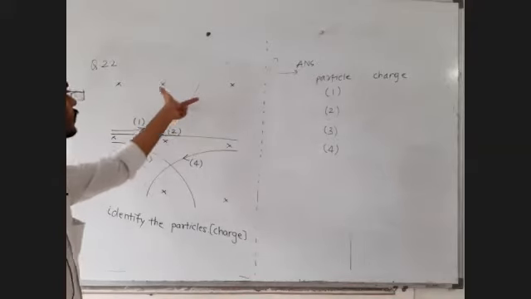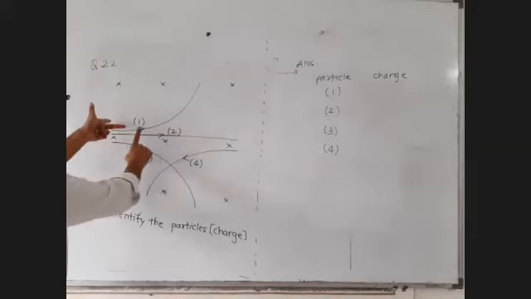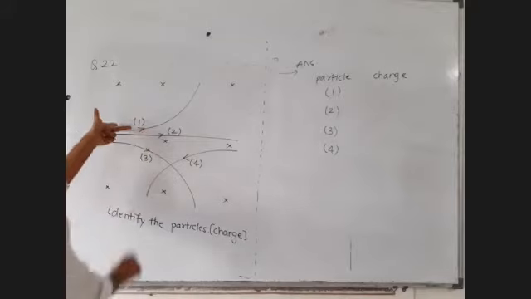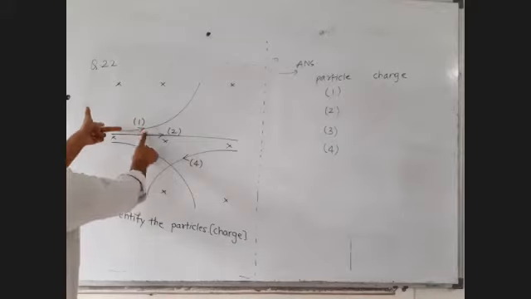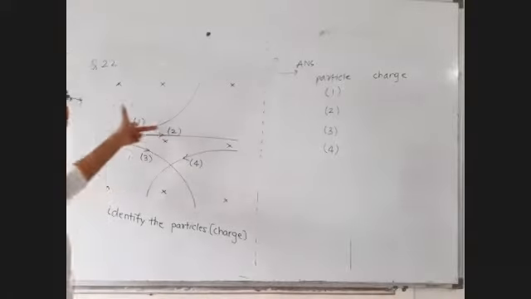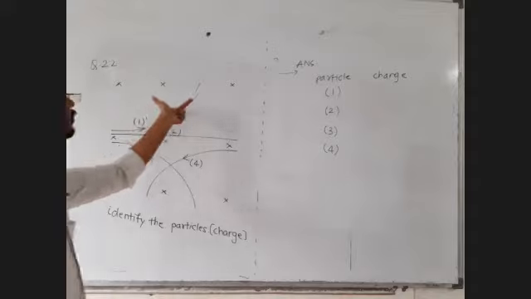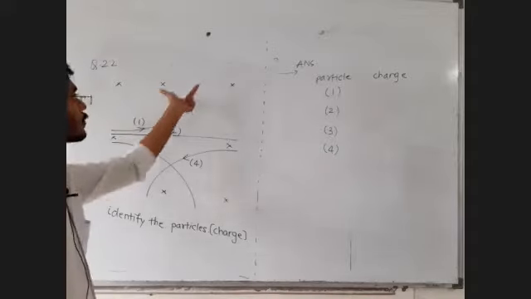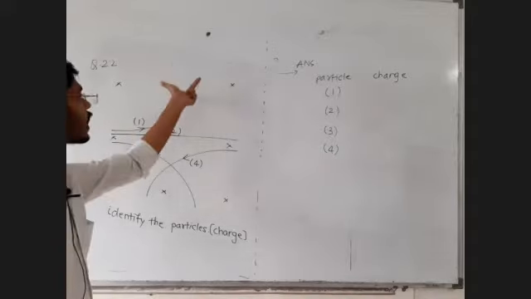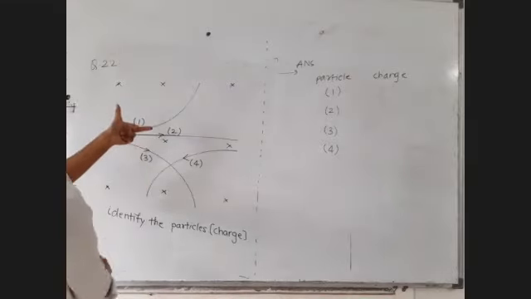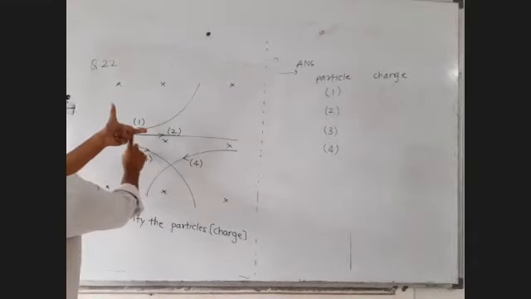Now you people tell me, the middle finger and the velocity both are in same direction. This thumb is upward means the particle will curve upward. Magnetic field is going inside. First finger going inside, magnetic field going inside.